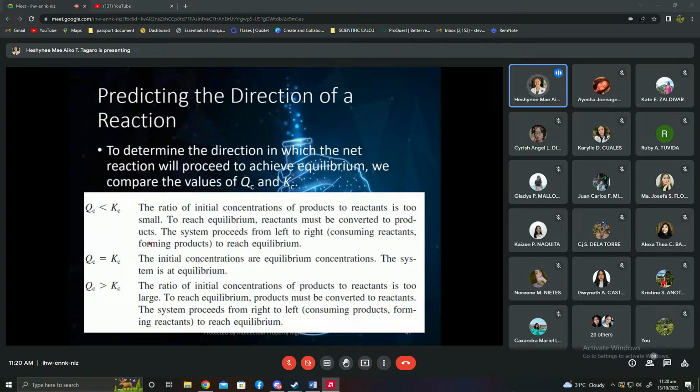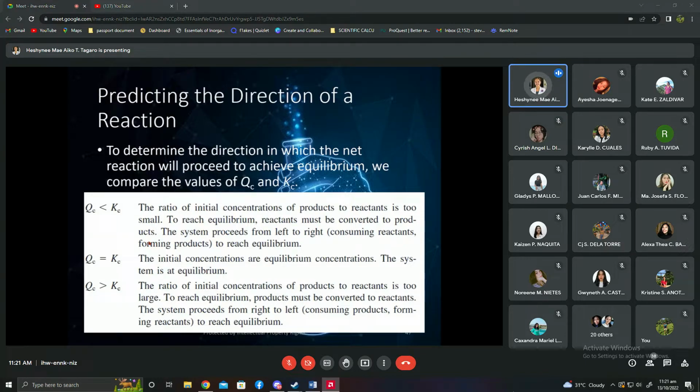Next, we have no problem with QC equals KC because it tells us that the system is at equilibrium. Next, let's deal with the opposite of QC less than KC. So, QC greater than KC, which means the concentration of your product is now greater compared to the reactant.